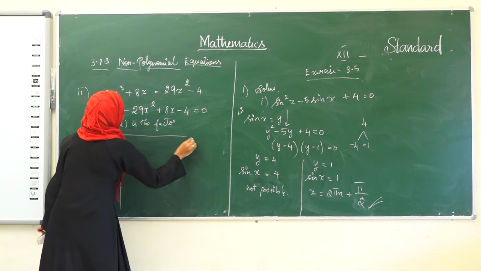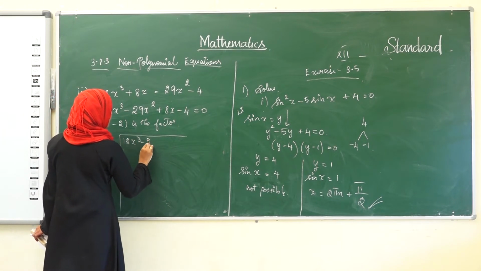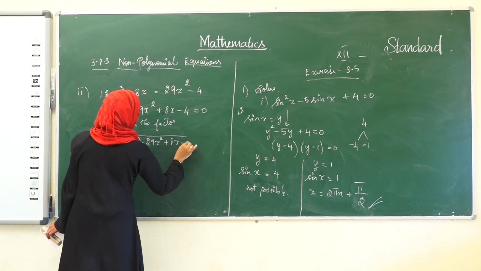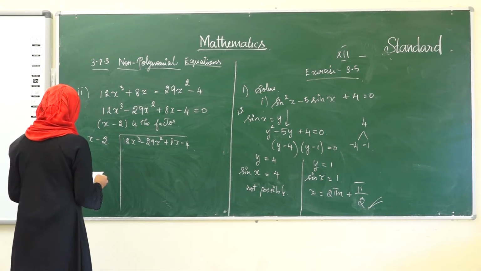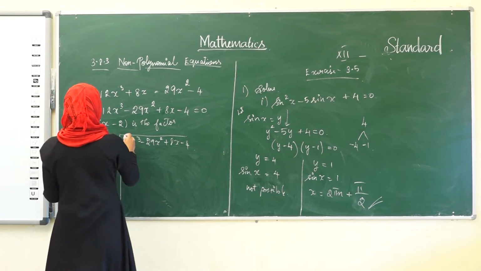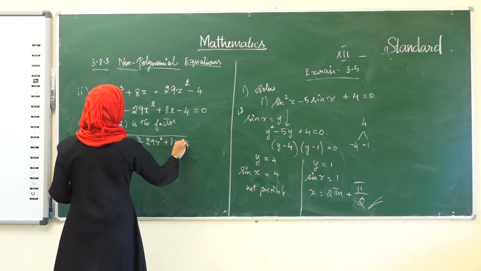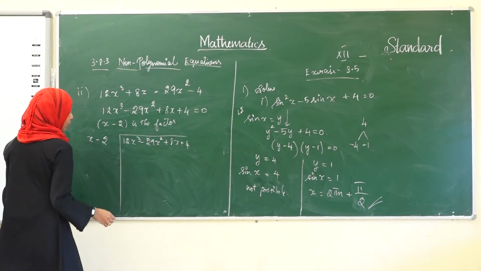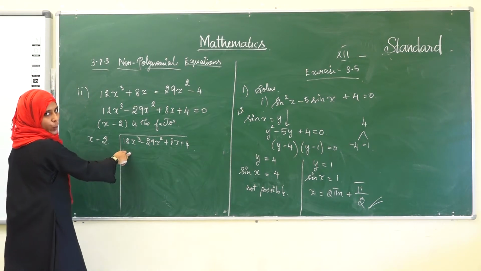We are going to divide the given polynomial 12x cube minus 29x square plus 8x minus 4 by x minus 2. Here it is x, and here it is 12 x cube.